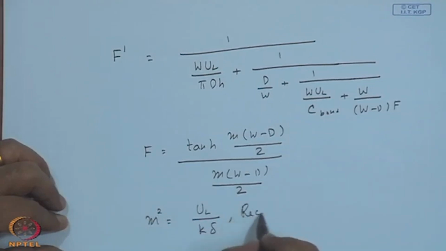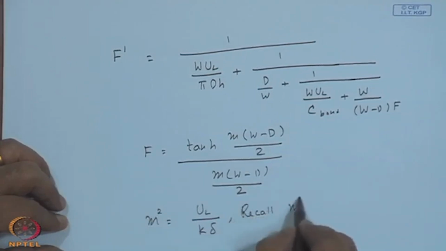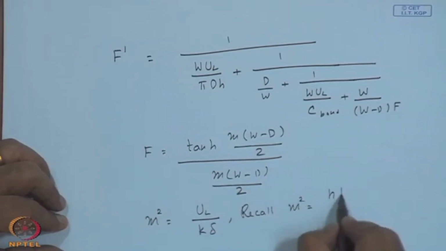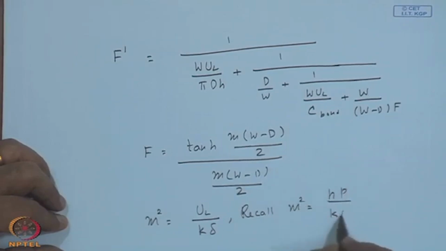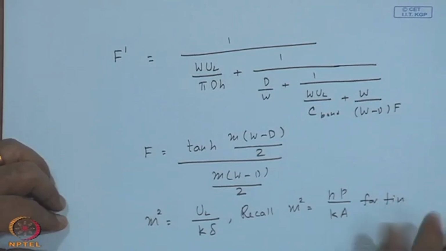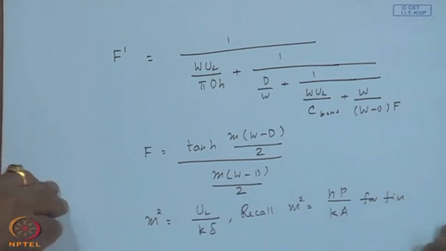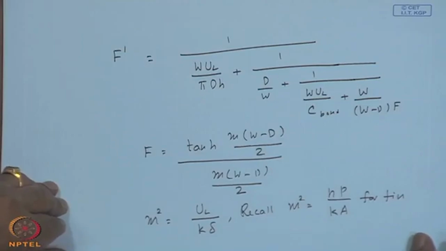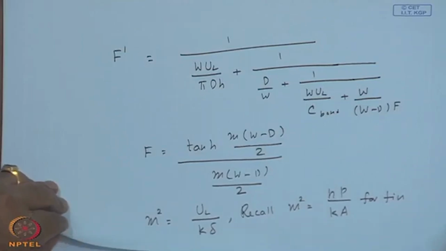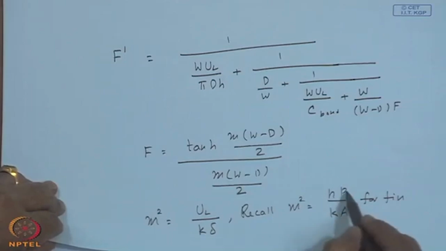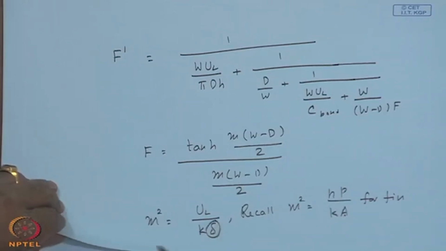Recall m squared is h p upon k A for fins in your heat transfer course in undergraduate studies, where p is the perimeter and h is the heat transfer coefficient and A is the area, and P upon A will have the length dimensions of delta in this instance, and U L and h have the same dimensions.